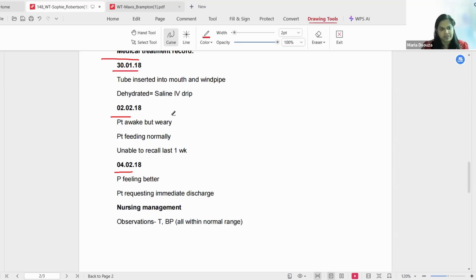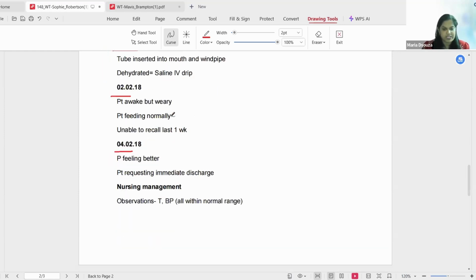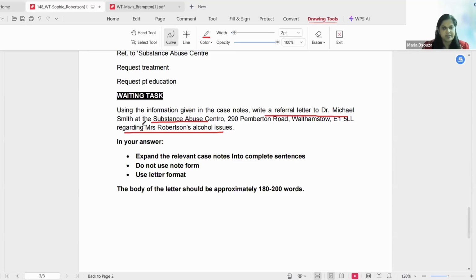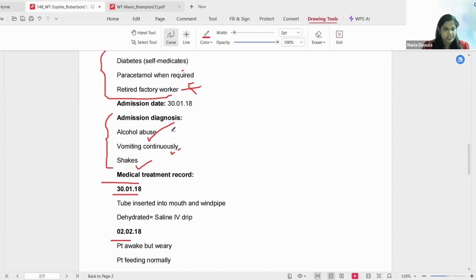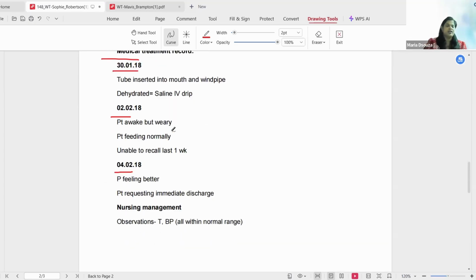It's part of the treatment plan, right? And moreover, you're writing this letter to Dr. Michael Smith, a healthcare professional. So that's the most important thing. Everything that happened in the hospital, we will have to mention. You can mention it, but in a concise way.